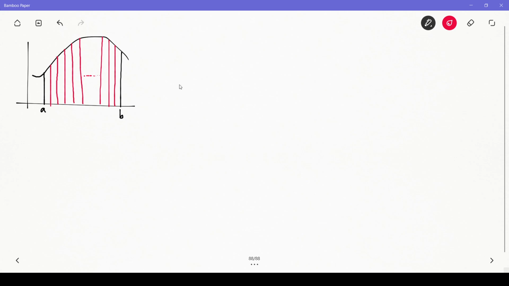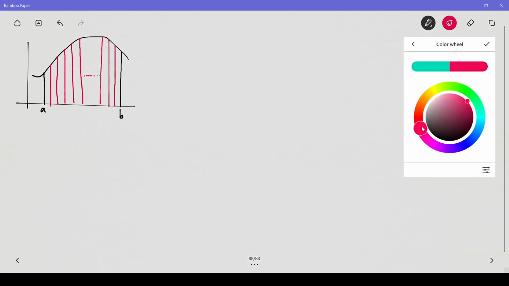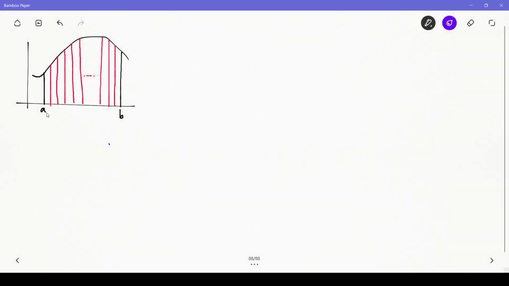Okay, fine. So let's try to label these x values. This will be x naught, our starting x value. Then this will be x1, this will be x2, this will be x3, and let's do the same thing for the last few labels.